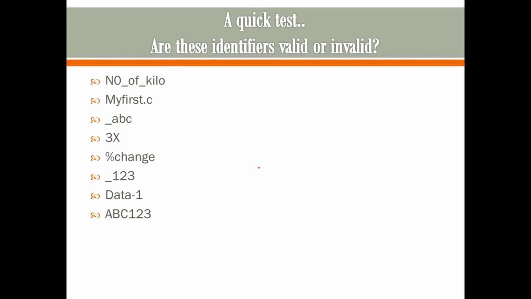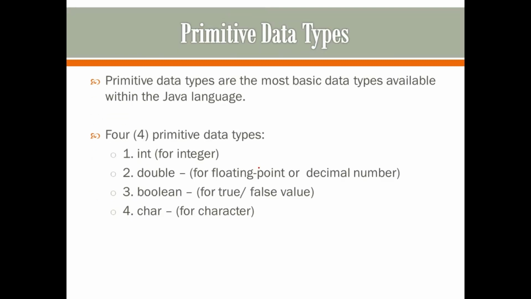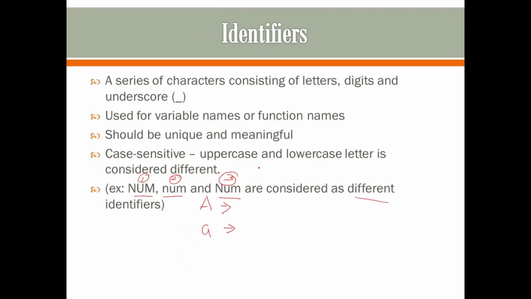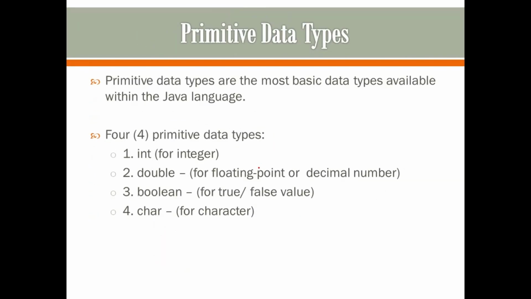I need you to identify whether an identifier is valid or invalid in a tutorial session. Okay, you know what an identifier is, and that an identifier is used for the variable name, right? So before we declare the variable, you need to know the primitive data types.